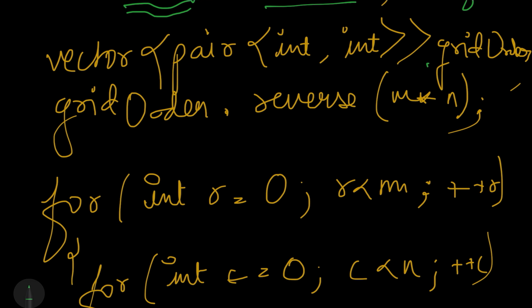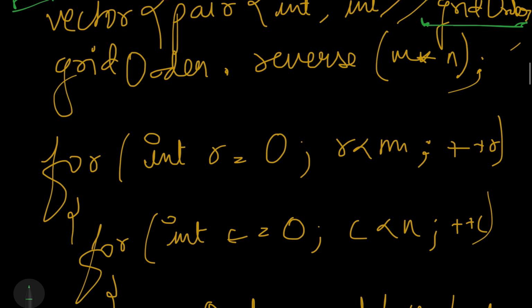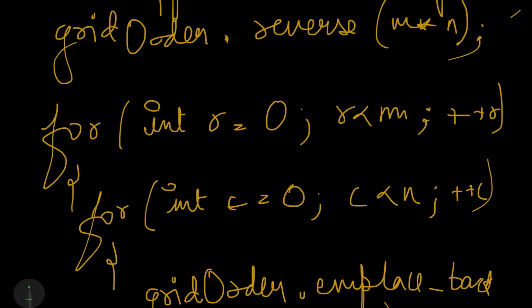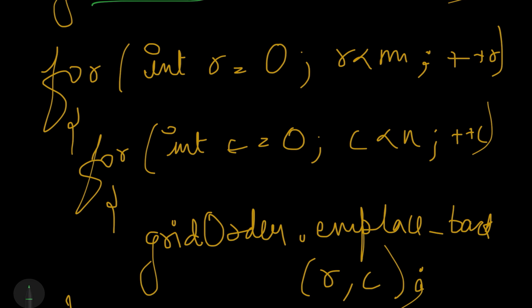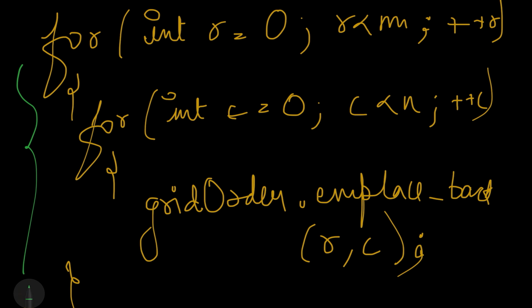Then we have defined a vector pair grid order to maintain our teleportation logic, which helped optimize our memory.